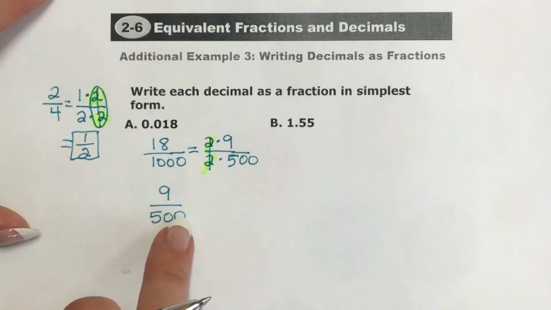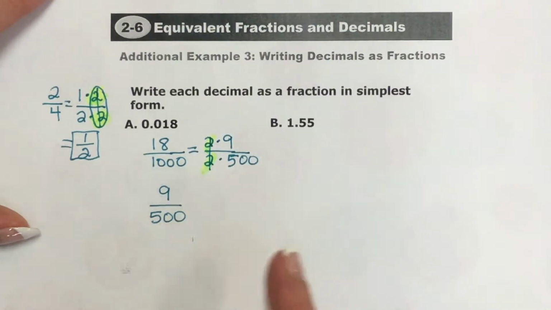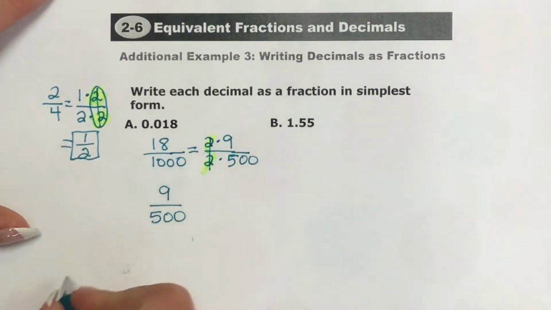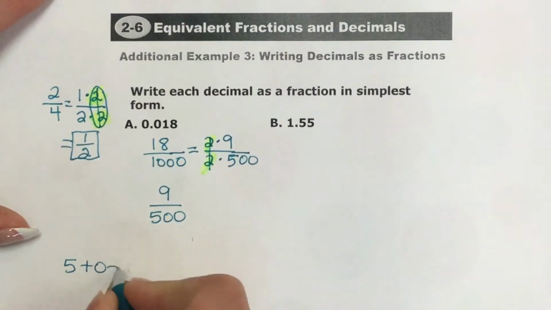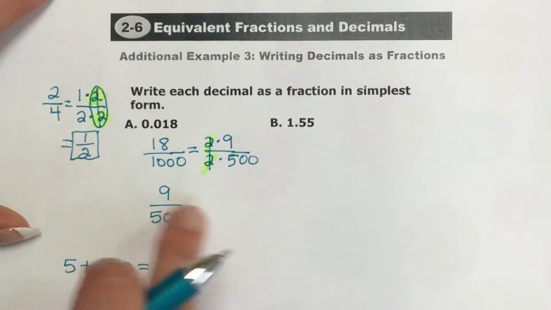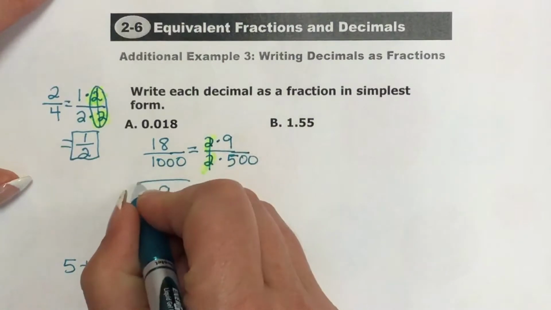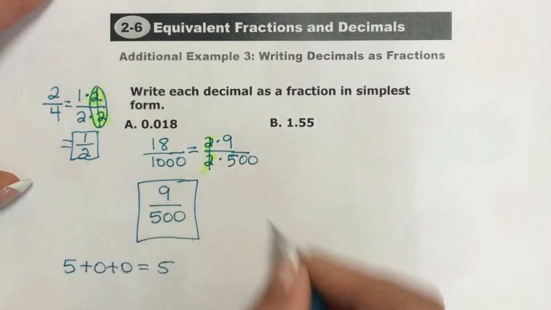There's a 5, a 0, a 0. So 5 plus 0 plus 0 equals 5. Is 5 divisible by 3? No, it is not. So that means that 500 is not divisible by 3, so this is actually in simplest form.